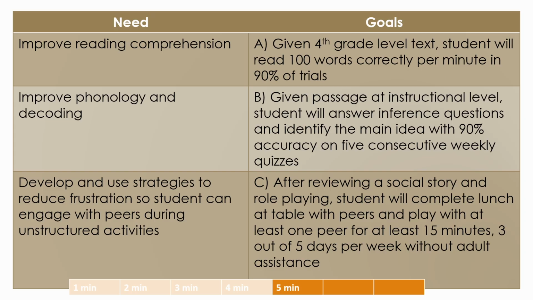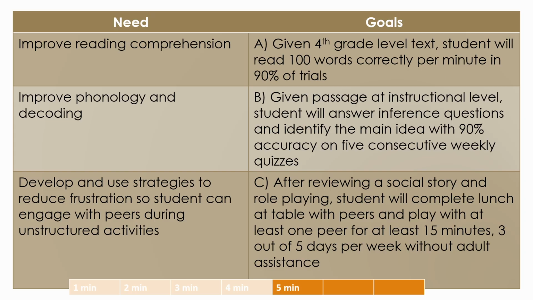Let's take a look at how the disability-related need could align with the content of an IEP goal. So if we've got a child who's working on improving reading comprehension, we would set an IEP goal that gives us something measurable, meaningful, ambitious, and achievable.